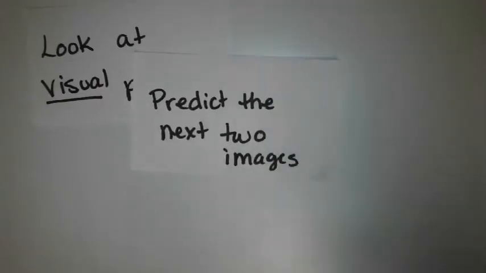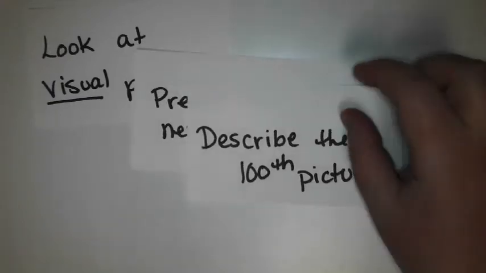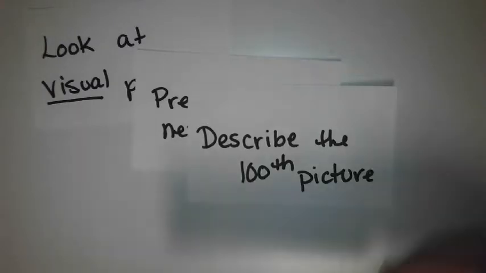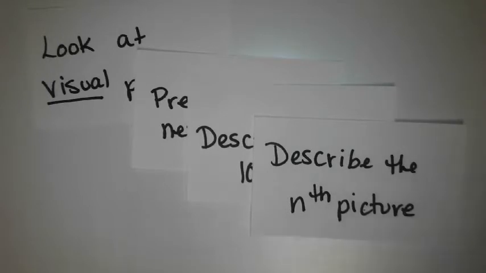Then take a look and predict what you think the next two images would look like. And prediction here isn't guess. It's just based on the pattern we saw before. What will it then look like? Then use the same description to describe what the 100th picture might look like. Then what we know then is we'll describe what the nth picture would look like.